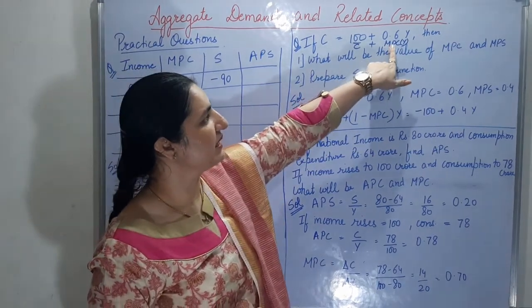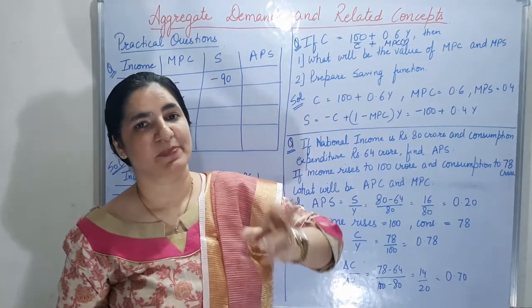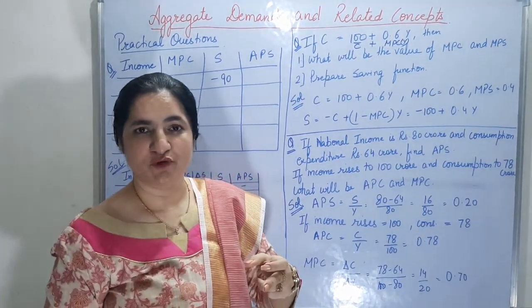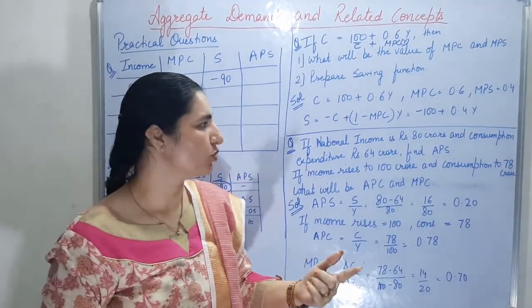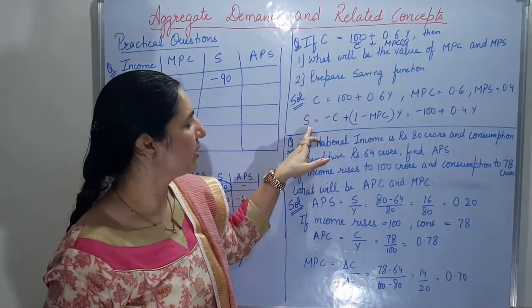So MPC is given to us, 0.6. So automatically MPS will be 0.4 because MPS plus MPC is equal to 1.